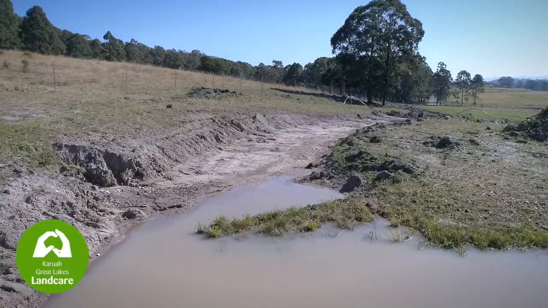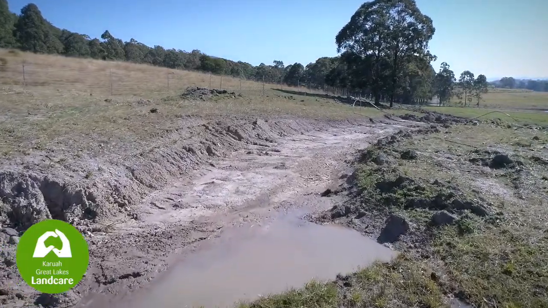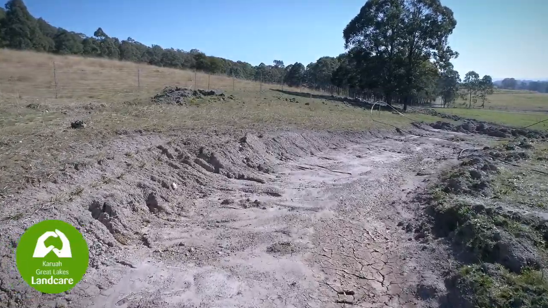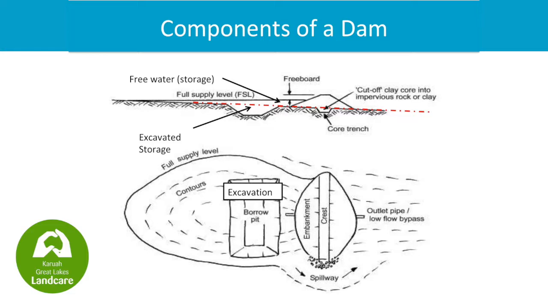The spillway is a component of the dam that, once the dam is full, takes the water from that catchment and allows us to take it back into the catchment below the wall safely. So we minimise the risk of erosion and we minimise the risk of failure of that dam. So that's a critical component of our dam wall. When we're constructing it, we generally like our spillway as a minimum to be 1 metre below the crest of the wall.